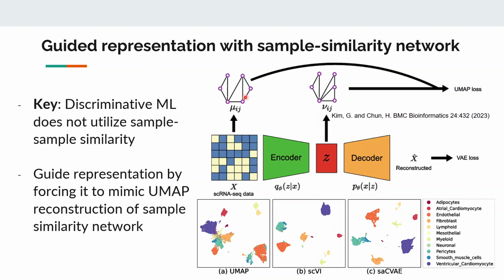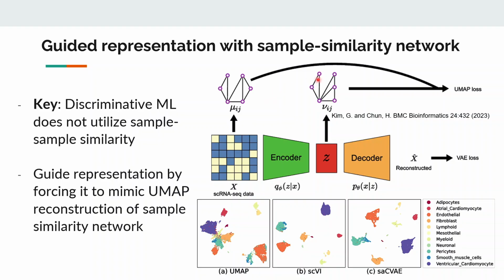So we get two different networks. The idea is, if you want to encourage the model to learn a representation that preserves the cell-to-cell similarity, we want these two networks, these two graphs, to be the same, or very similar.